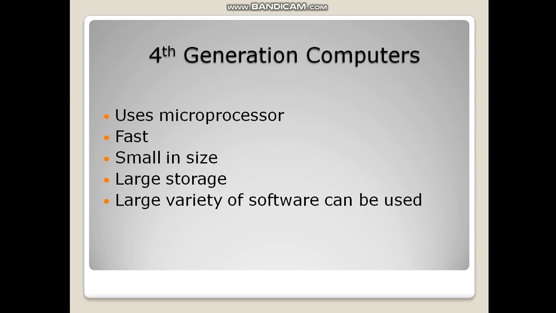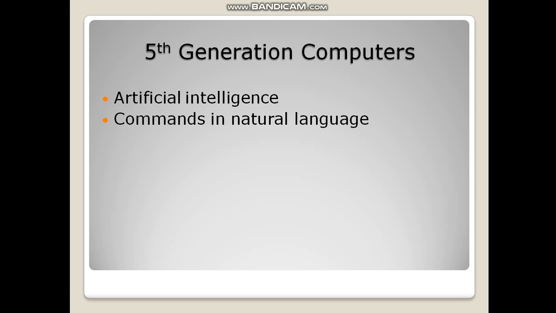They use less electricity. Fifth generation computers are yet to be built, and their development is in process. These computers use artificial intelligence, and in future they will receive commands in natural language.